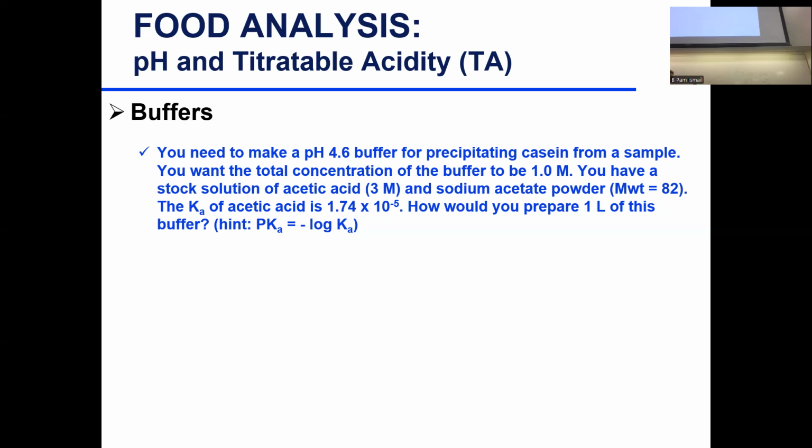All right, so now I know the molarity that I want for my acid, and the molarity that I want for my base or conjugate base. Now I look at my stock solution. I have the acetic acid, I have 3 molar. What do I want? I want 0.59 molar. What equation can I use? Remember the equation of concentration times volume equals concentration times volume?